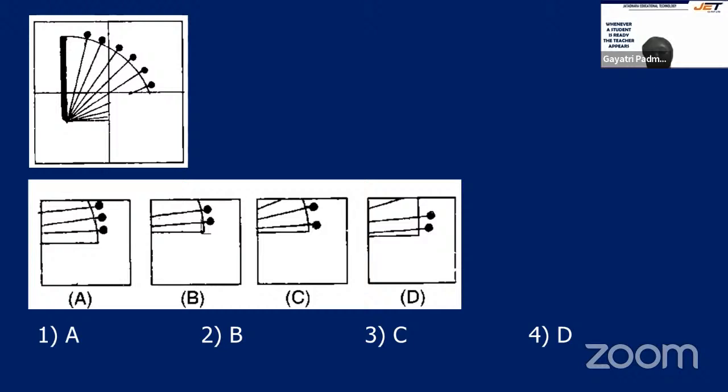Your time has already started. Let's check whether it is option A, B, C, or D. Let's quickly see. It's time now, 30 seconds is done. It is option C. So if you had opted for option C, then your answer is perfect.